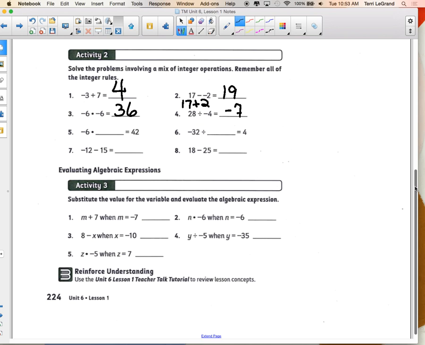These are kind of hard, huh? Three more opportunities.